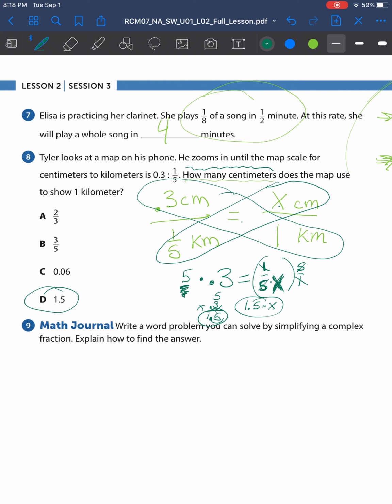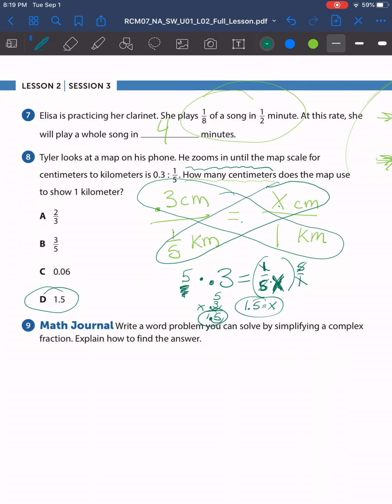I want you to remember this one, okay? We used cross multiplication. And I will give you guys more practice problems in class on how to do that, because cross multiplication is the best way to solve ratio problems like this. And it's really fun because you get to do some algebra.